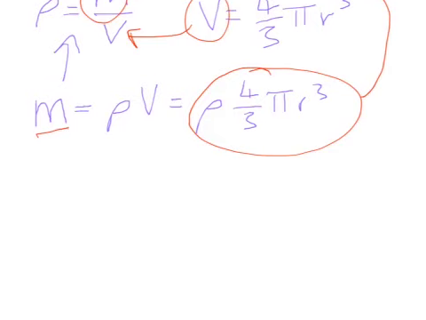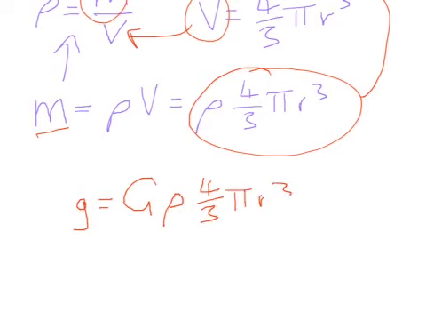So that'll give us g equals big G, which is the universal gravitation constant, times rho 4/3 pi r cubed, over r squared.